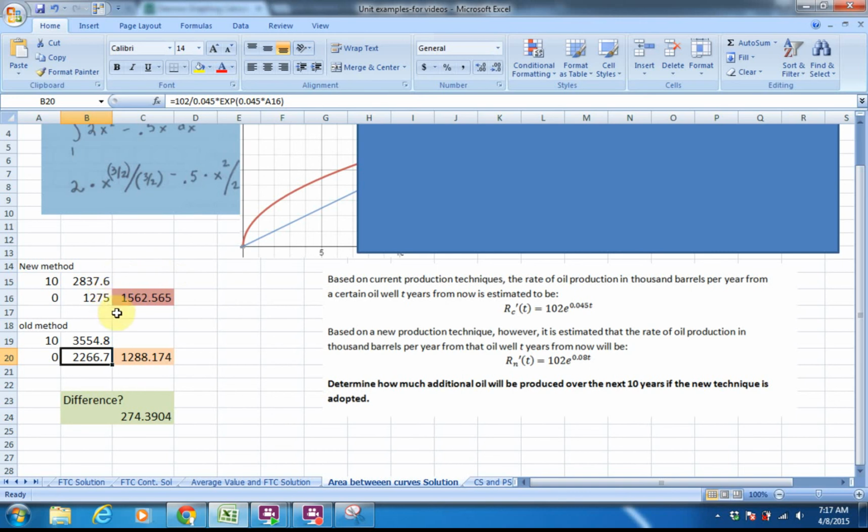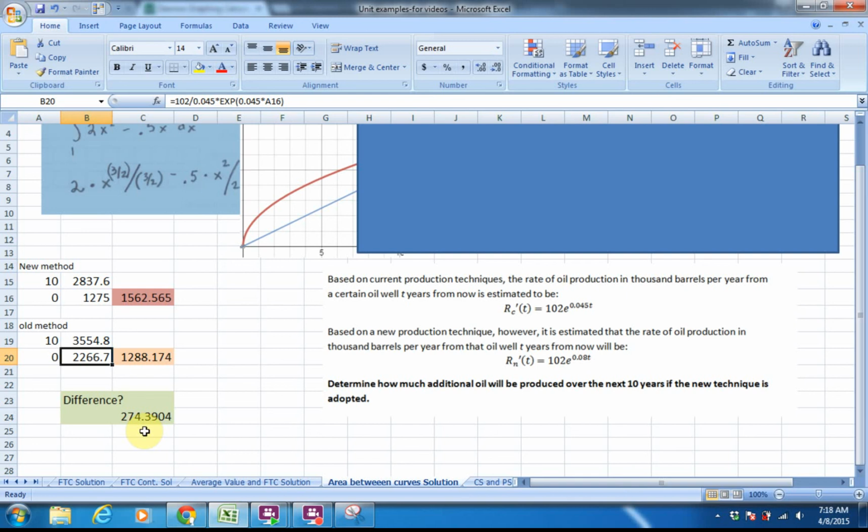So if we take this upper area under the curve for the new method and subtract this lower area, that's going to give us the difference between the two production methods. The difference that we get here is 274.3904 thousand barrels. Again, we could multiply by 1,000 and see that we get 390.4 thousand barrels more using the new method.